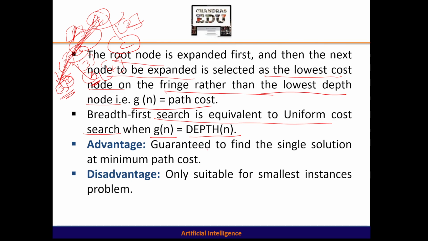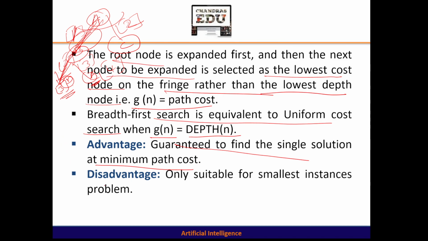The advantage here is that it is guaranteed to find the solution with the minimum path cost. In breadth first search also we can find the solution, but there it is not with the cost. But here, as the cost is involved in this search technique, the guarantee of finding the solution will be there, as well as the minimum path cost.